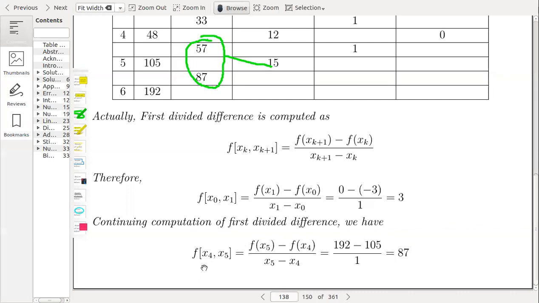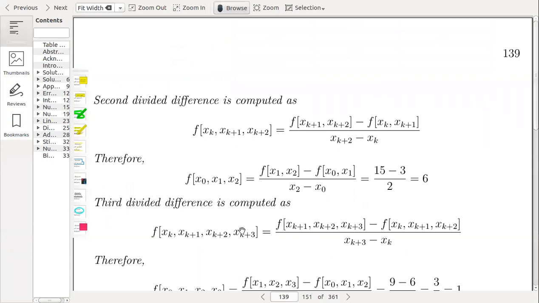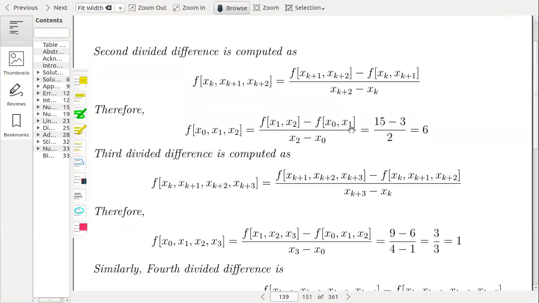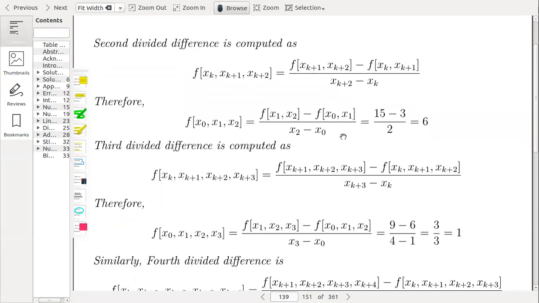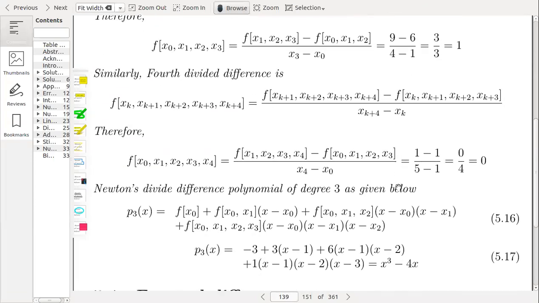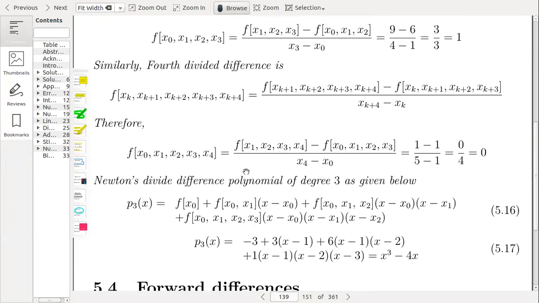So for the points x3, x4, x5, the second divided difference is computed using x_{k+1}, x_{k+2}, f of x_{k+1}, and so on. So here we have made use of the formula, showing how we can calculate by formula and how we can construct this table.